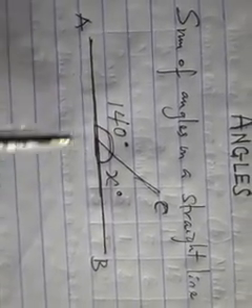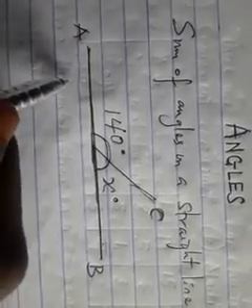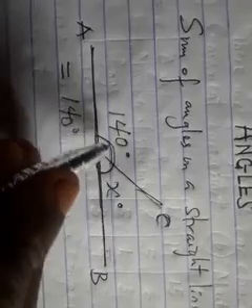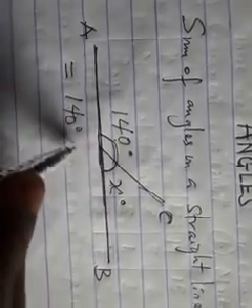Don't forget I told you that sum of angles on a straight line equal to 180 degrees. Therefore, what will I say? To solve this type of question, you say 140 degrees, which is this, plus this X degrees, everything will give me 180 degrees.